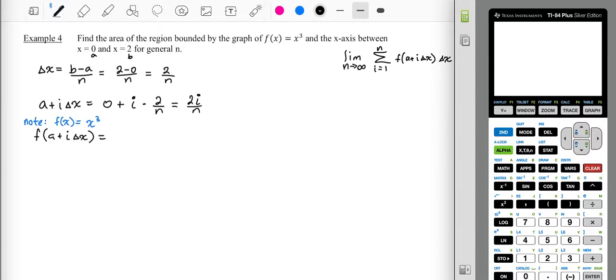All right, so the a plus i delta x is 2i over n. We're going to take that and cube it. So it's 8i cubed over n cubed.